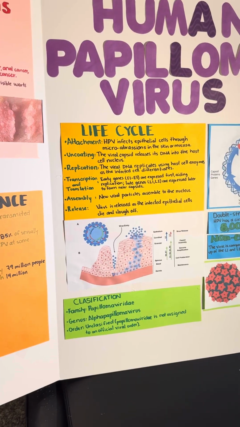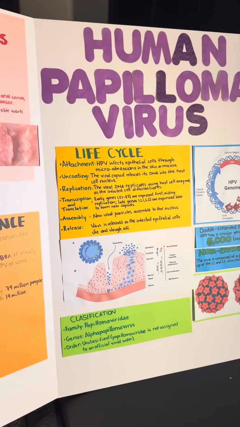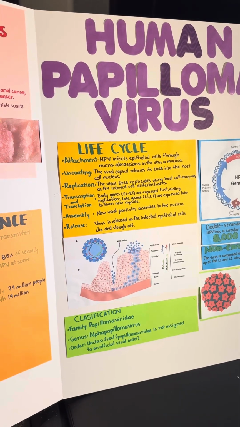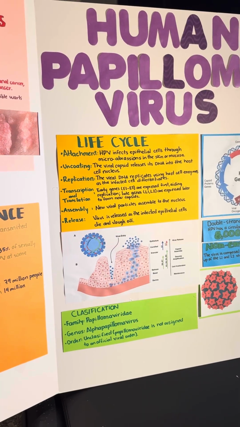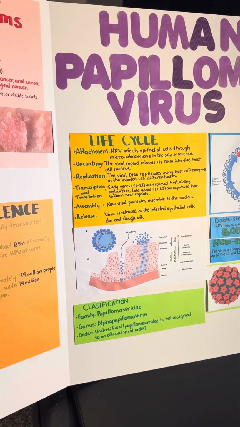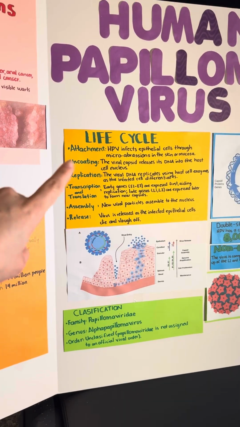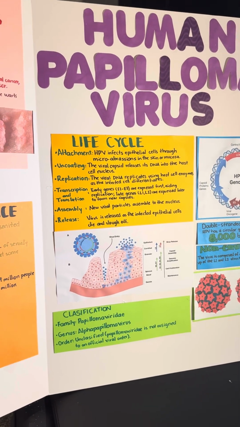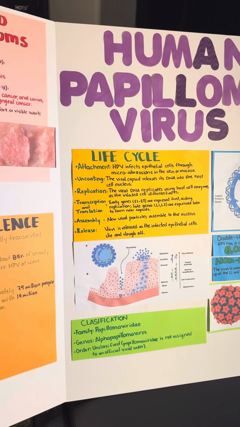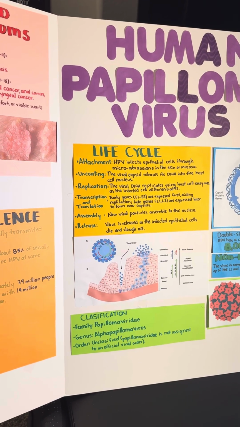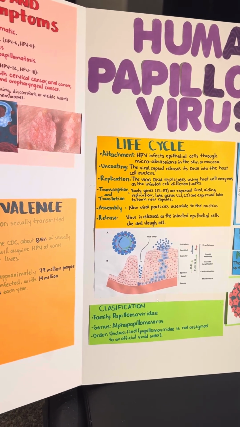Then, for replication, the viral DNA replicates using host cell enzymes as the infected cell differentiates. Then we have the transcription and translation phase, where the early genes, E1 and E2, are expressed first, aiding replication. Later, the genes L1 and L2 are expressed to form new capsids.